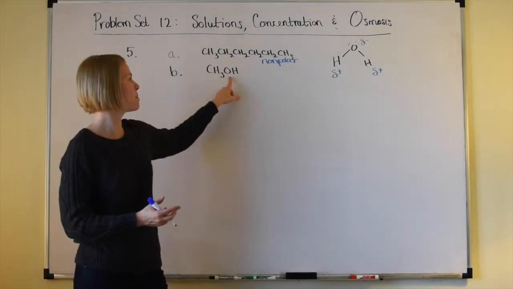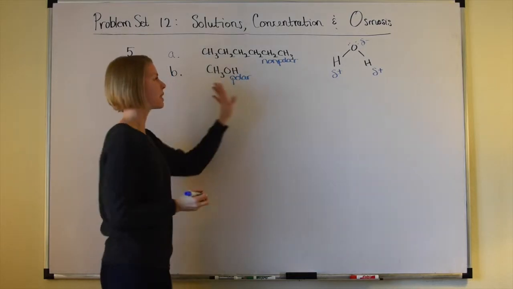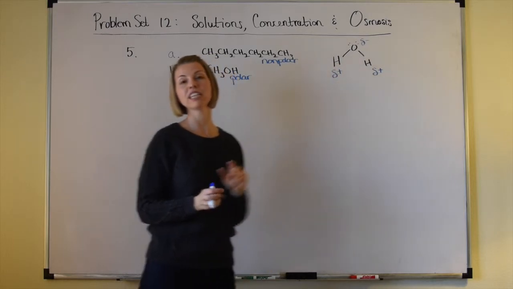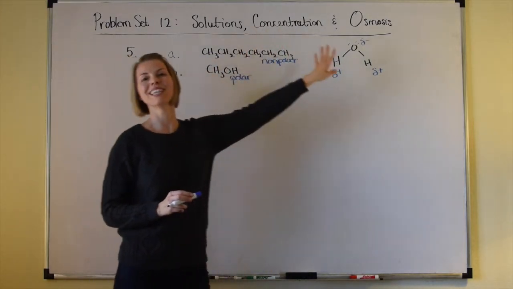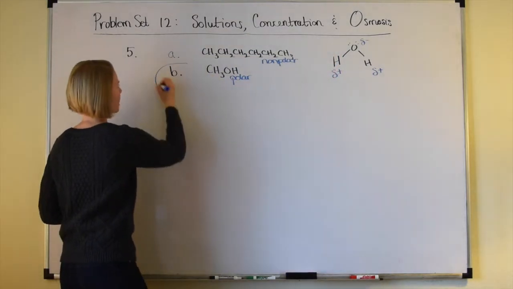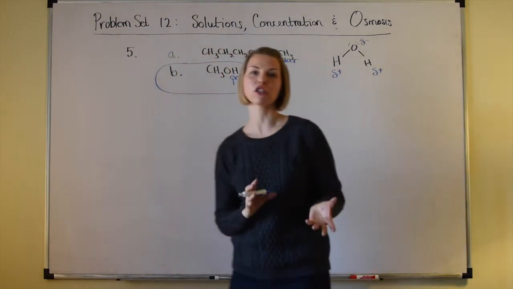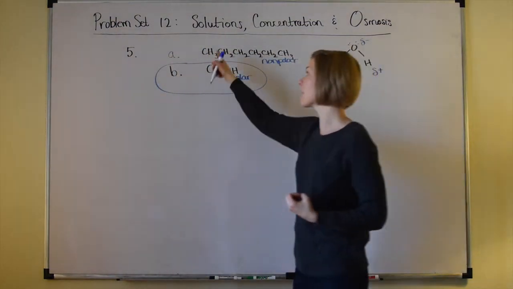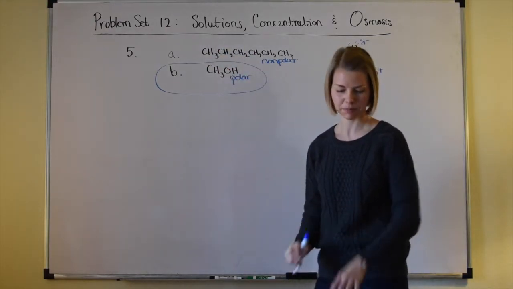So we would expect methanol, the polar methanol molecules, to be able to hydrogen bond and therefore dissolve into water, whereas our nonpolar molecule would not. So the answer here is B. Like dissolves like. Polar solutes will dissolve into polar solvents. Nonpolar will dissolve in other nonpolar solvents.